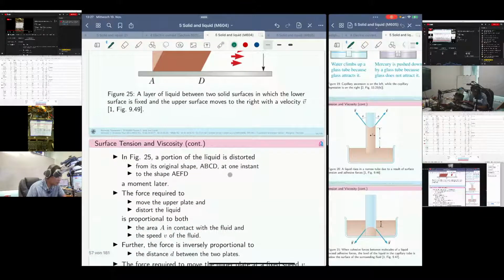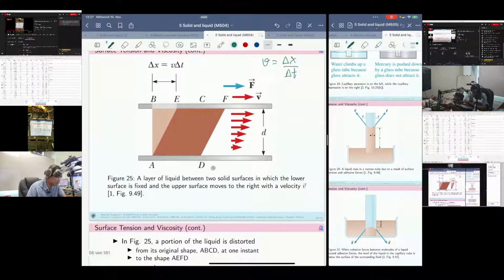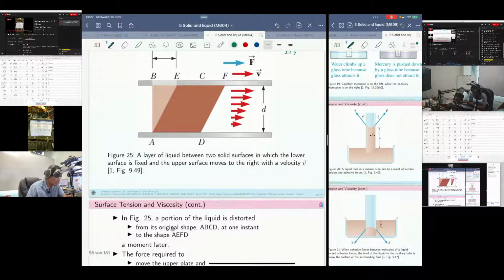And in figure 25, a portion of liquid is distorted. This is distorted from its original shape A, B, C, D. Before that, you have the shape of liquid like this, right?